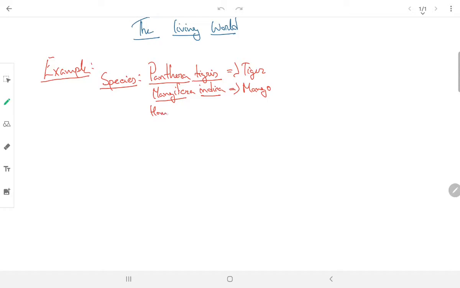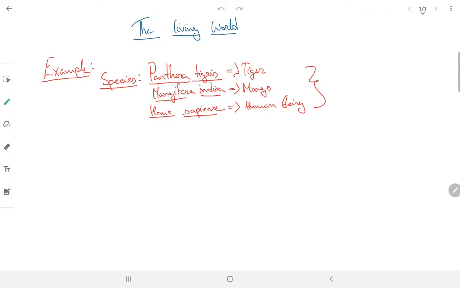Next, suppose Homo sapiens. Obviously everyone knows this is a human being. All of these are different species, right? So this was the smallest group of organisms, that was species.